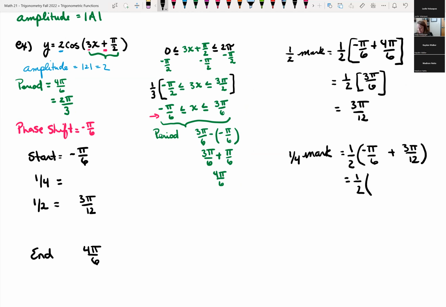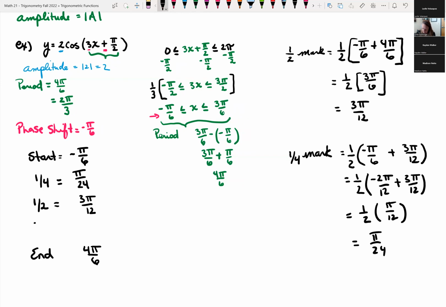Negative pi over 6 is the same thing as negative 2 pi over 12, multiplying by 2/2, plus that 3 pi over 12. Negative 2 pi over 12 plus 3 pi over 12 is pi over 12. And 1/2 times pi over 12 gives us pi over 24. So our quarter-way mark is pi over 24.